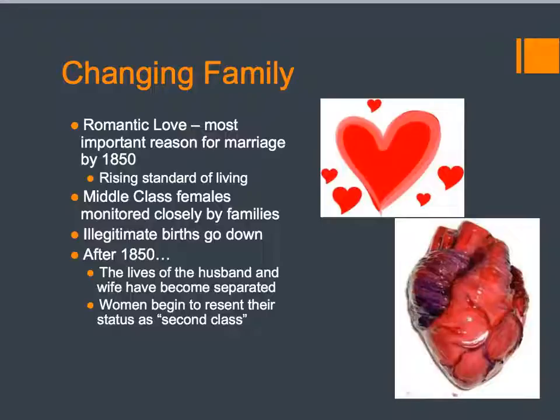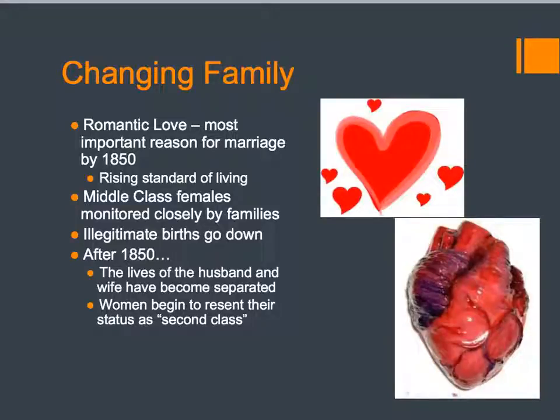Now, boys, on the other hand, would not be monitored as closely. The male went out and slept around and did things that perhaps were not smiled upon or favored. There would not be as much social pressure against the boy. In fact, sometimes that idea would be celebrated, if not tacitly approved of.